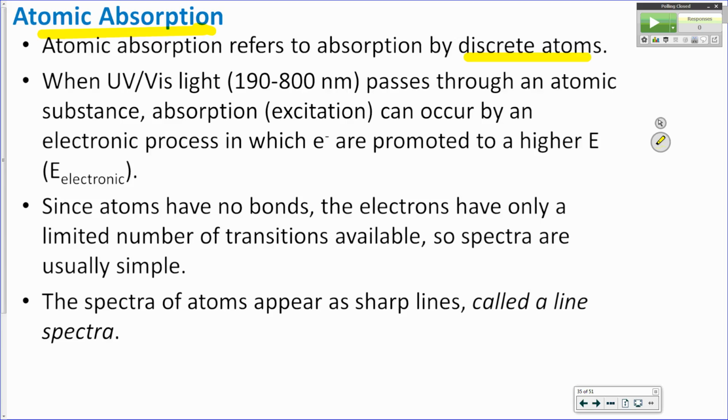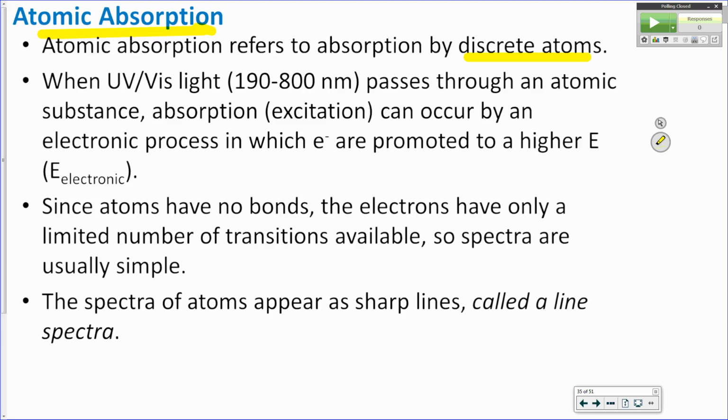It doesn't matter what form of sample we feed into the instrument necessarily. It can be a molecular compound, provided that there's some type of treatment inside the instrument that will degrade chemical bonds and present the sample in the form of discrete atoms when it's going to interact with the electromagnetic radiation.